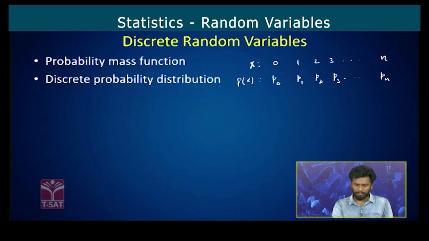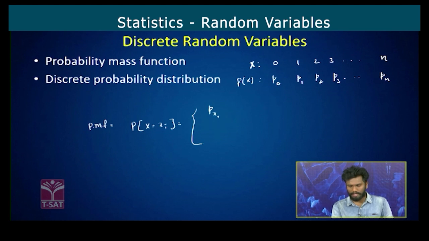Now probability mass function is defined as probability of x is equal to xi is equal to P of xi, where i takes the values 1, 2, so on up to n, and 0 otherwise. So what is the meaning of this?